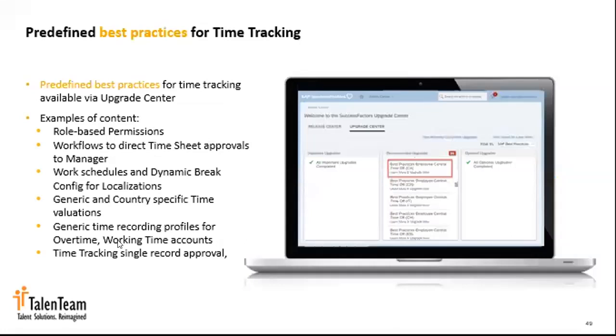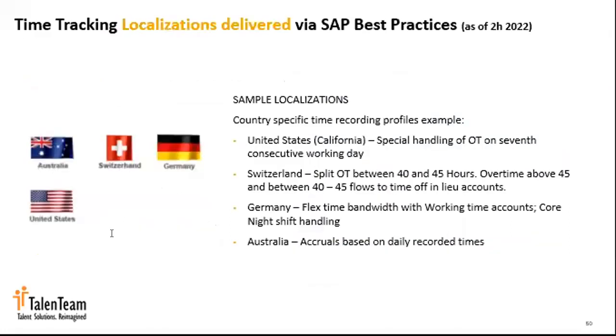Here are some examples: SuccessFactors standard best practices for Australia, Canada, China, Colombia, France, Germany, India, and others. For all these countries, we have standard best practices, which include the localizations for those particular countries.